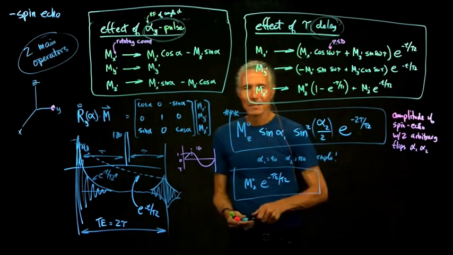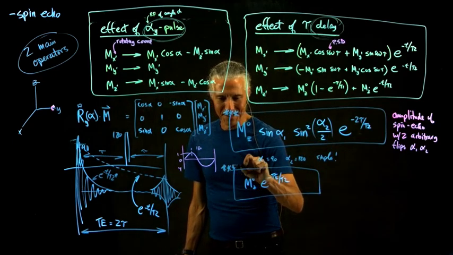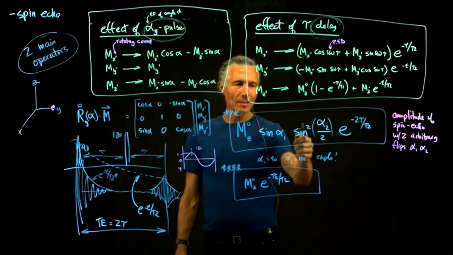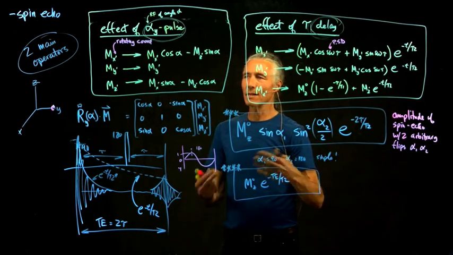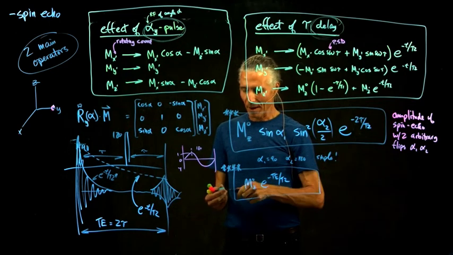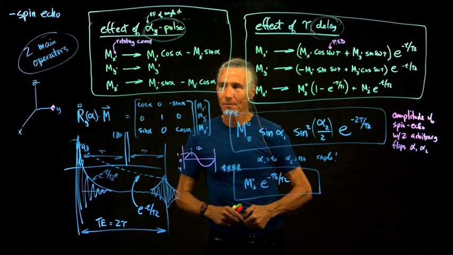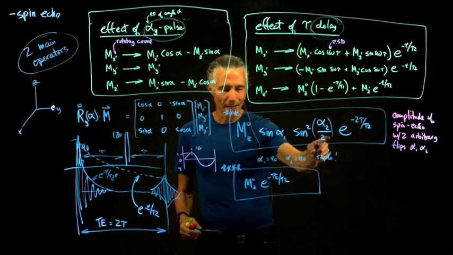And that even gets more stars, 4 stars for that one. But this is the general equation that you would use to calculate how strong a spin echo would be if you don't happen to have 90 and 180.